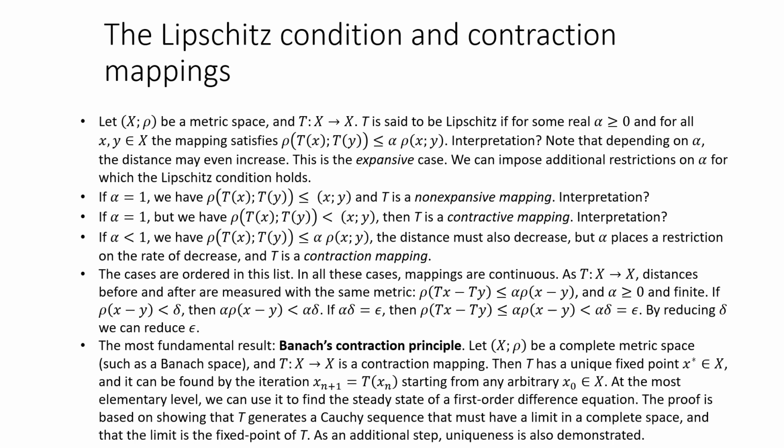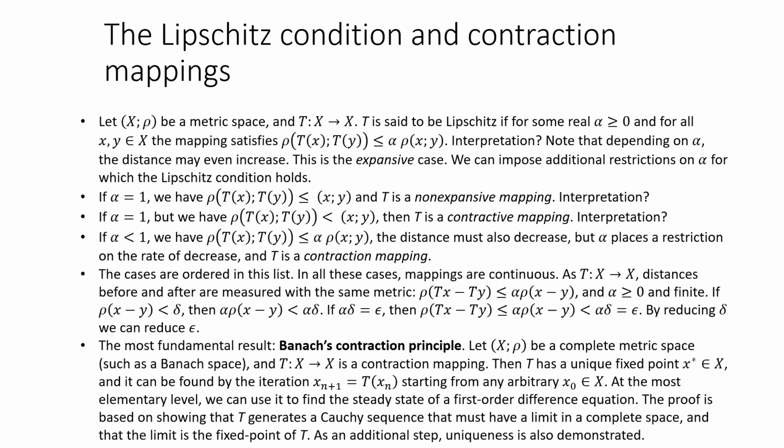The proof is based on showing that the mapping generates the Cauchy sequence, which must have a limit in a complete space, and we have a complete space. So if we have a sequence of points coming from successive steps of applying the operator, then this Cauchy sequence must have a limit point in the same space. And this limit point, which must exist, turns out to be the fixed point of the operator.